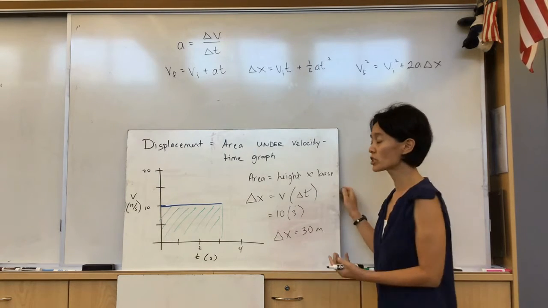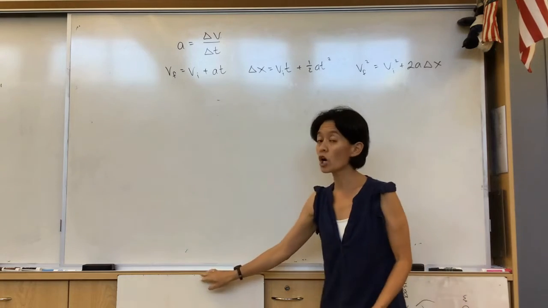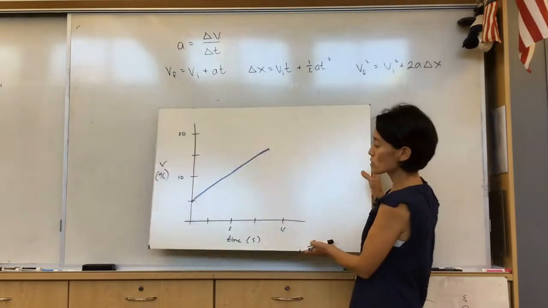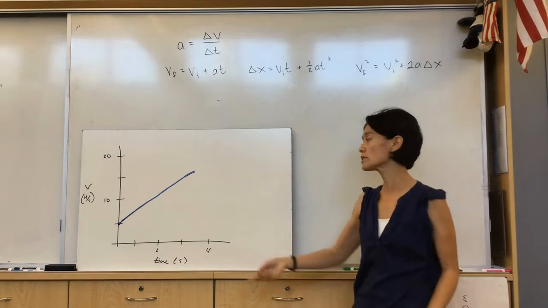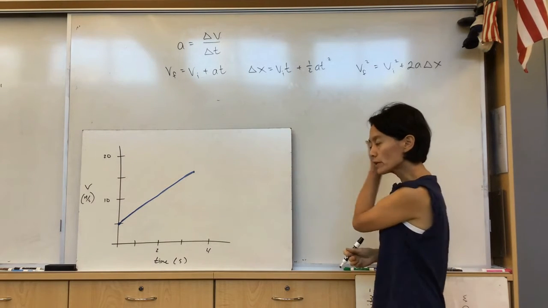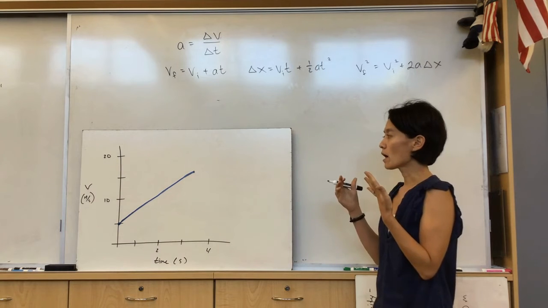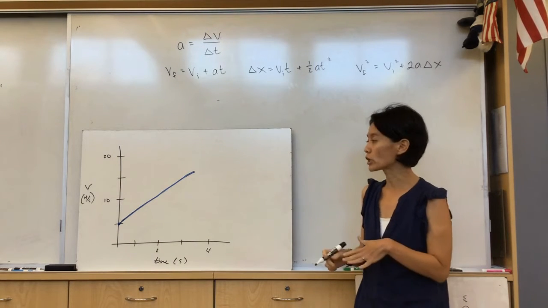But what happens if I have a changing velocity? Specifically, a changing velocity under a constant acceleration situation. Here I've got a graph where my velocity is changing. It's a constant acceleration because I've got a linear line. Again, my displacement is still going to be the area under my curve.